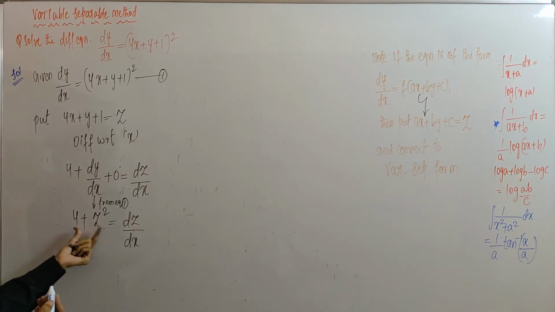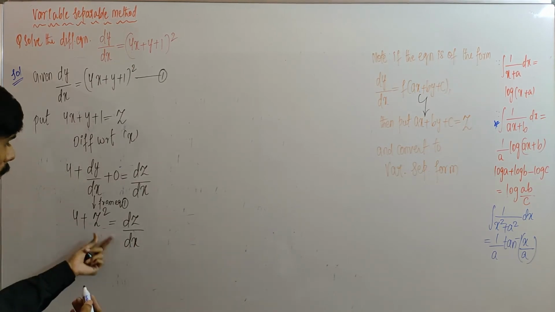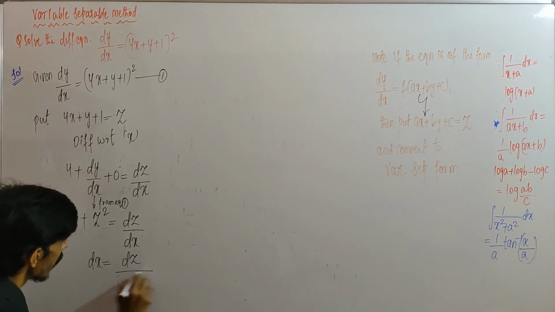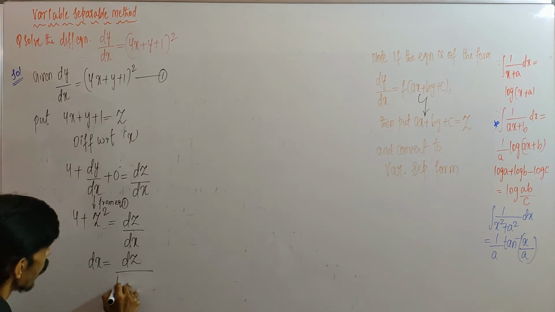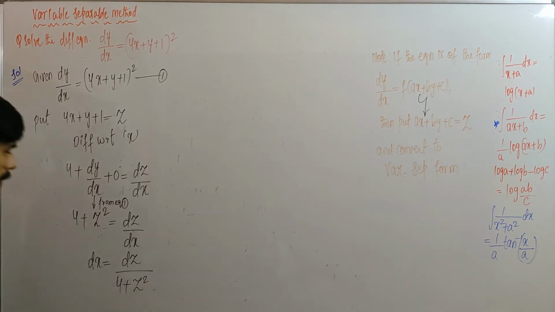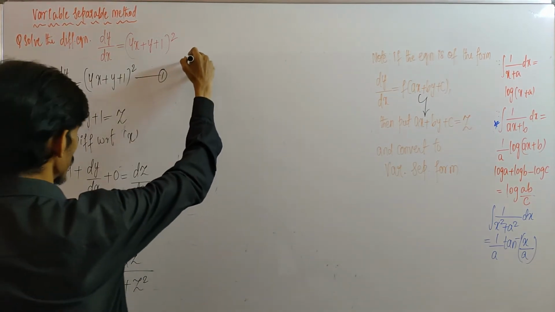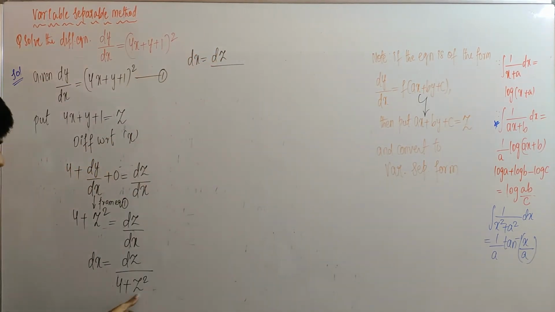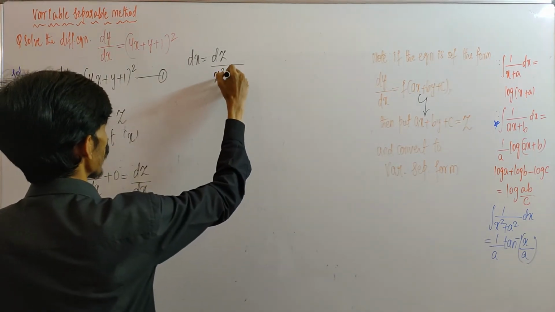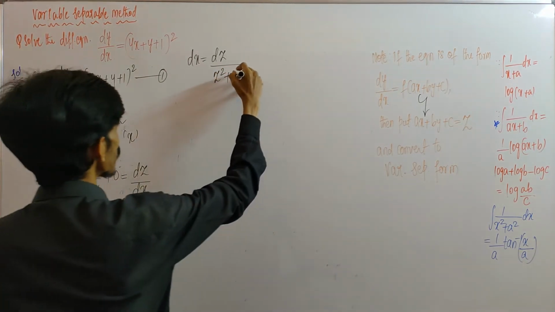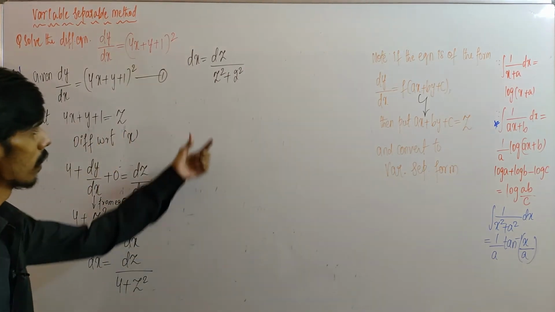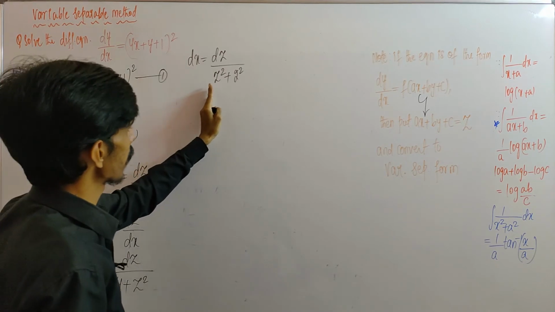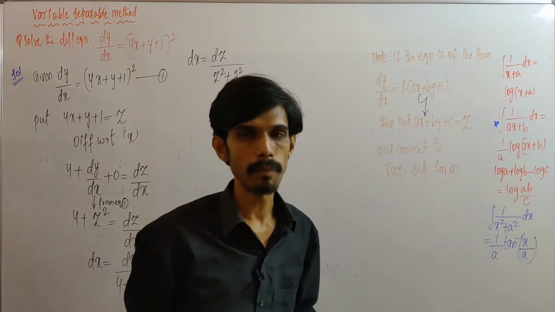Here we have the z term, so send this term to that side, cross multiply this dx, so we will get dx is equal to dz upon 4 plus z square. This can be modified as dx is equal to dz upon z square plus 4, which can be written as 2 square. Now we have converted one type of variable on the left hand side, the other type of variable on the other side, that is separating the variables.